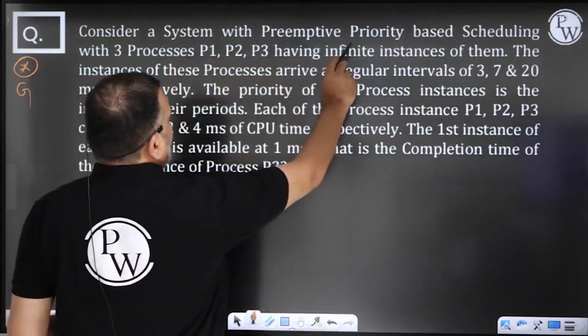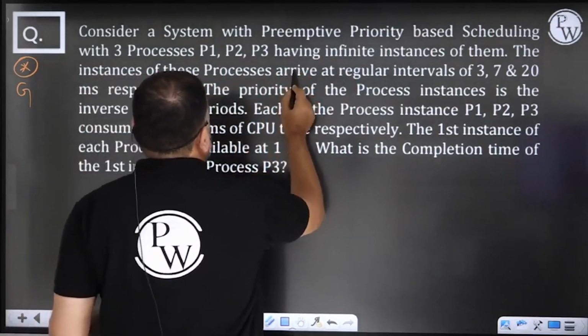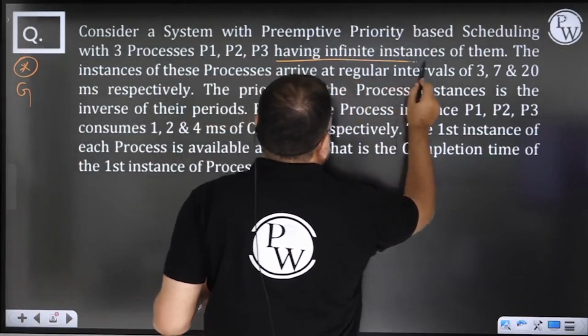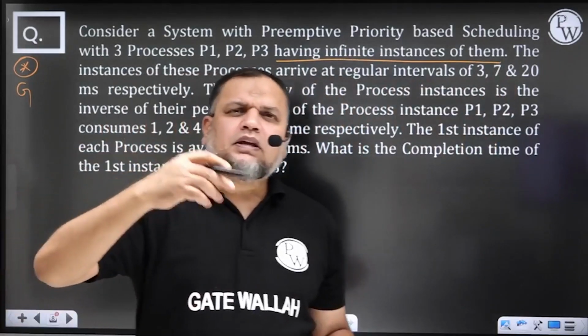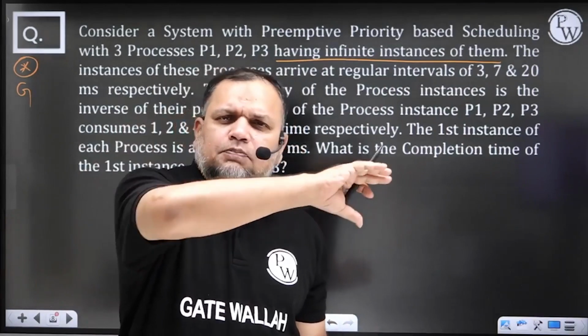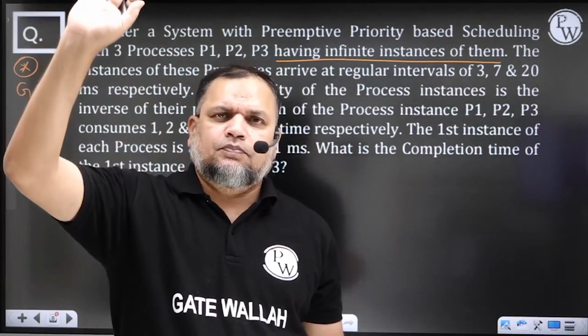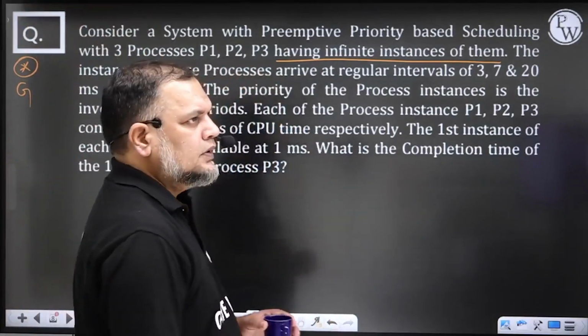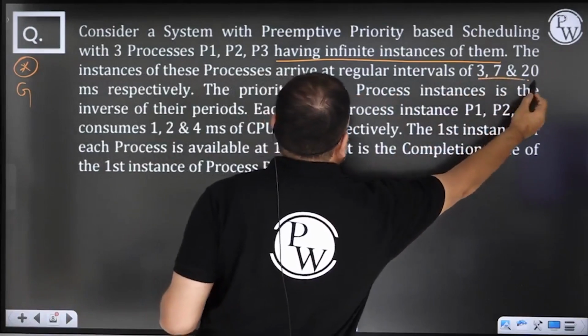Consider a system with preemptive priority based scheduling with 3 processes P1, P2, P3 having infinite instances of them. What does this mean? That means I am having a continuous stream of P1, many instances of P1, infinite. The instances of these processes arrive at regular intervals of 3, 7 and 20.